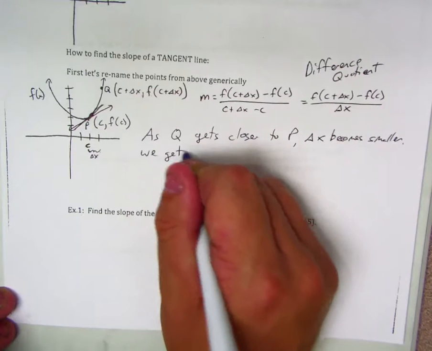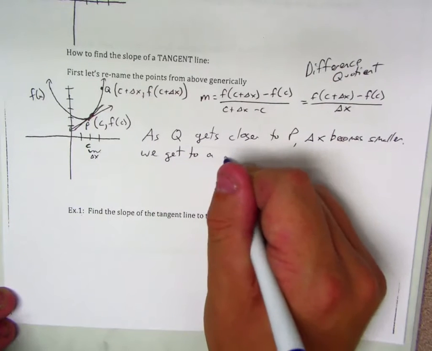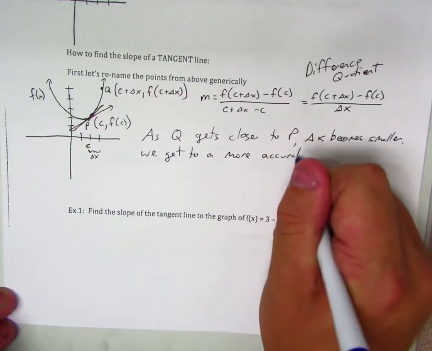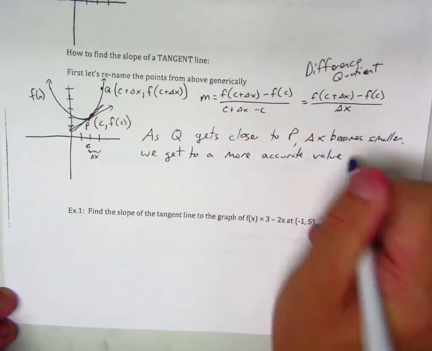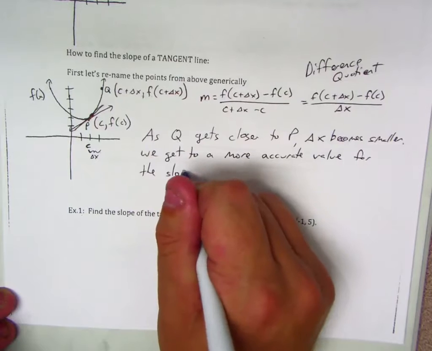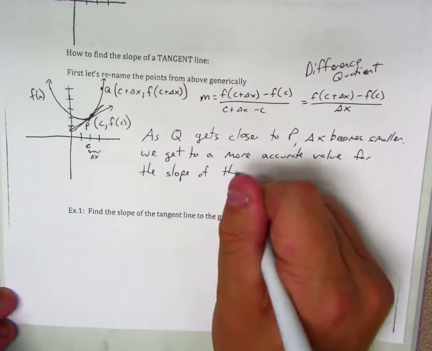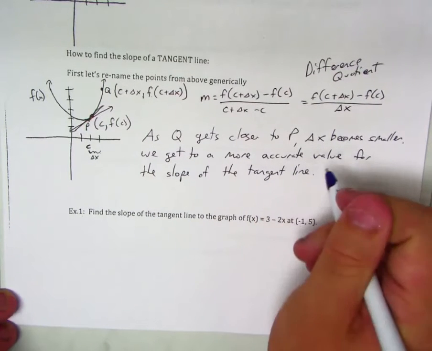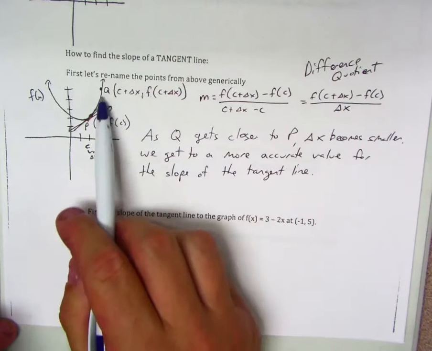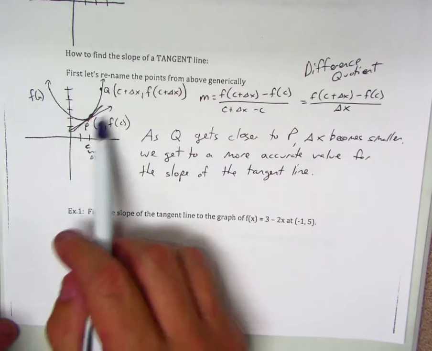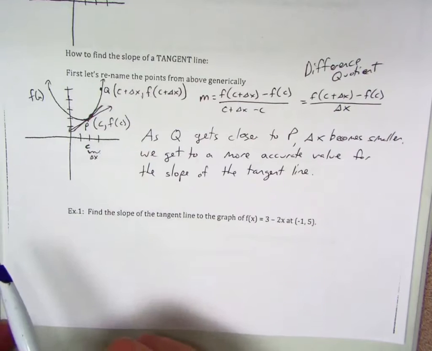We get to a more accurate value for the slope of the tangent line. So as we move Q really close to P, and as delta x gets really, really small, we're getting really close to what that slope of the tangent line is.